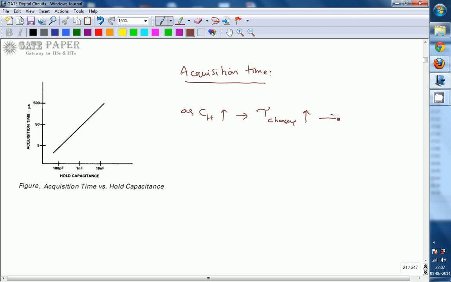Whenever the time constant for charging increases, the capacitor takes longer to charge to the given value, so you must give more time for the capacitor to charge to the final value. Acquisition time increases as the hold capacitor increases.